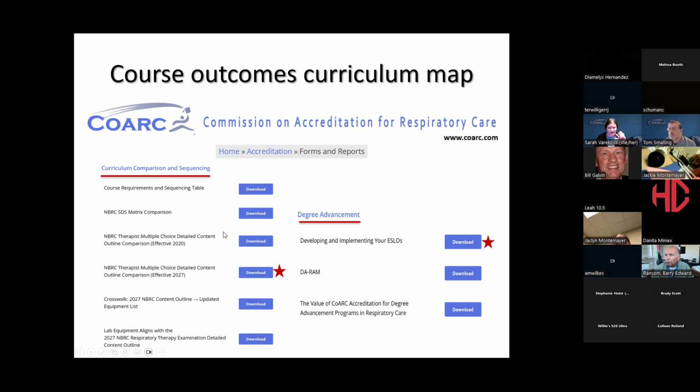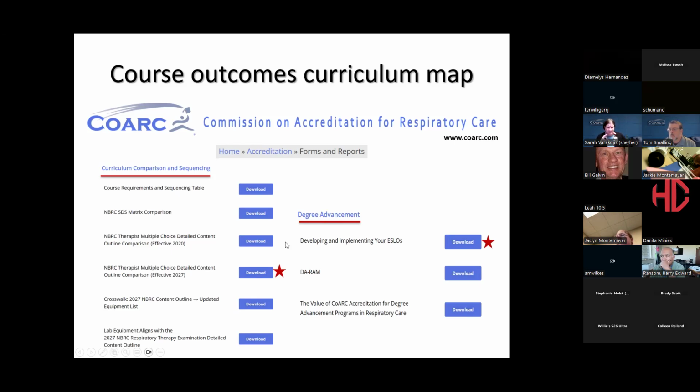The other thing is, if you keep scrolling past the curriculum comparison and sequencing, there is a section for degree advancement. And I would highly encourage, even if you're an entry into practice program, to take a look at the developing and implementing your ESLOs, expected student learning outcomes, document that you can download.